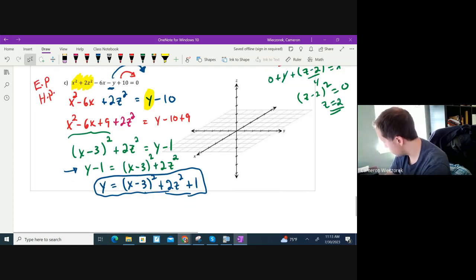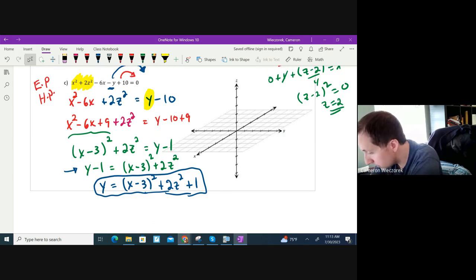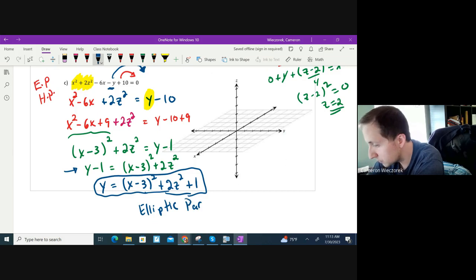But this would be an elliptic paraboloid. So we can cross off hyperbolic. Paraboloid, there's an O there. With, whoa, pen got funky. With vertex 3, 0, 1.